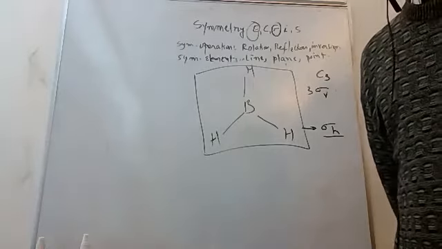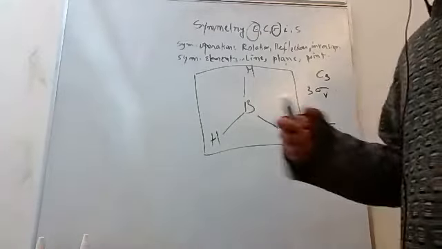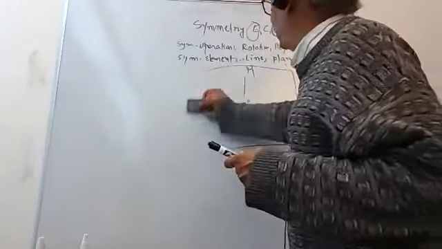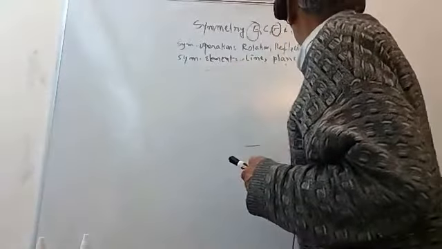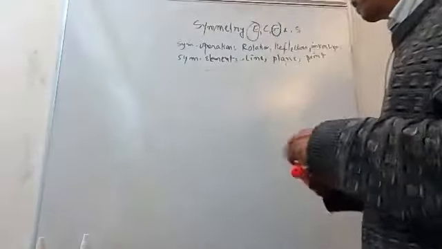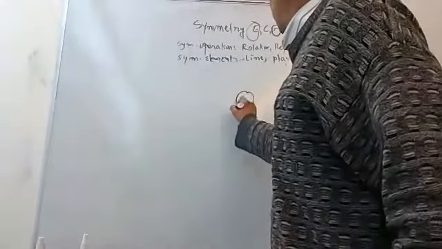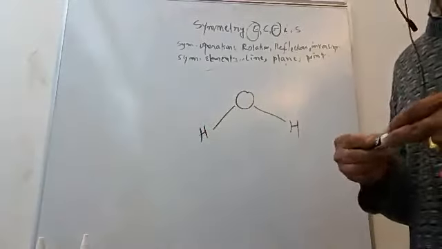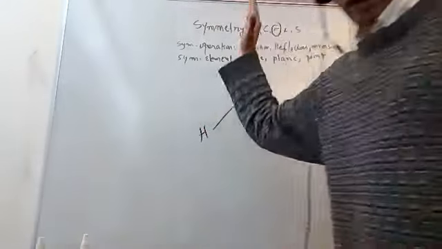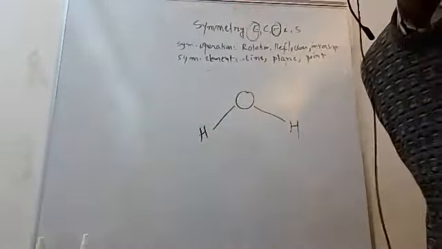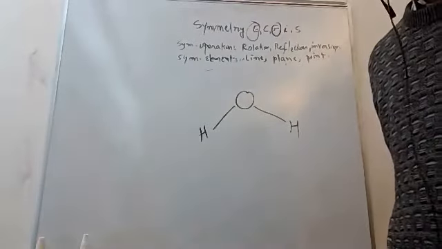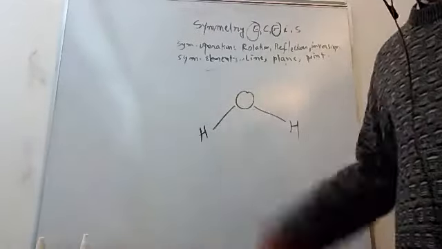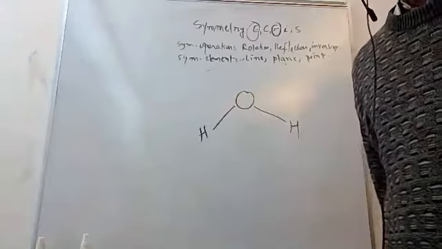Am I making sense? Let's go back to our familiar example of water. We already said water has one plane of reflection, right? Which is the plane perpendicular to the board containing the oxygen atom. Does it have an additional plane? Yes.